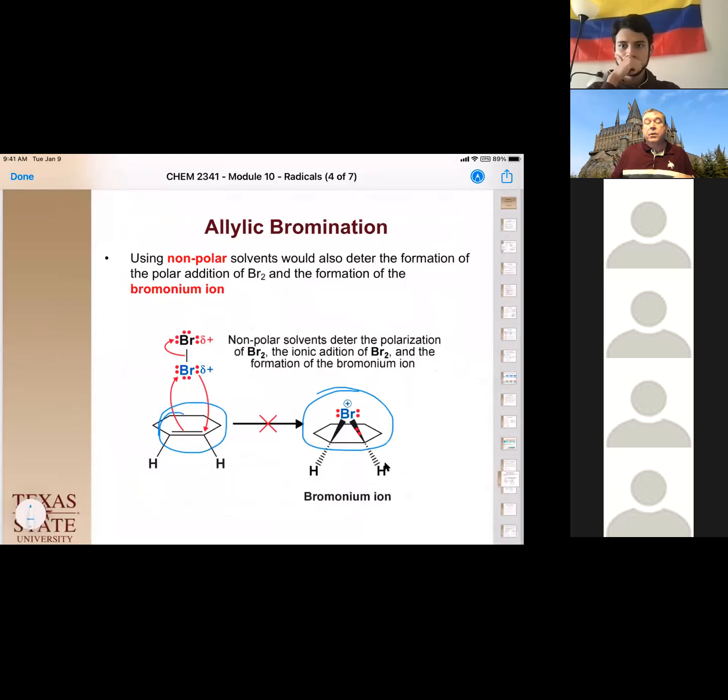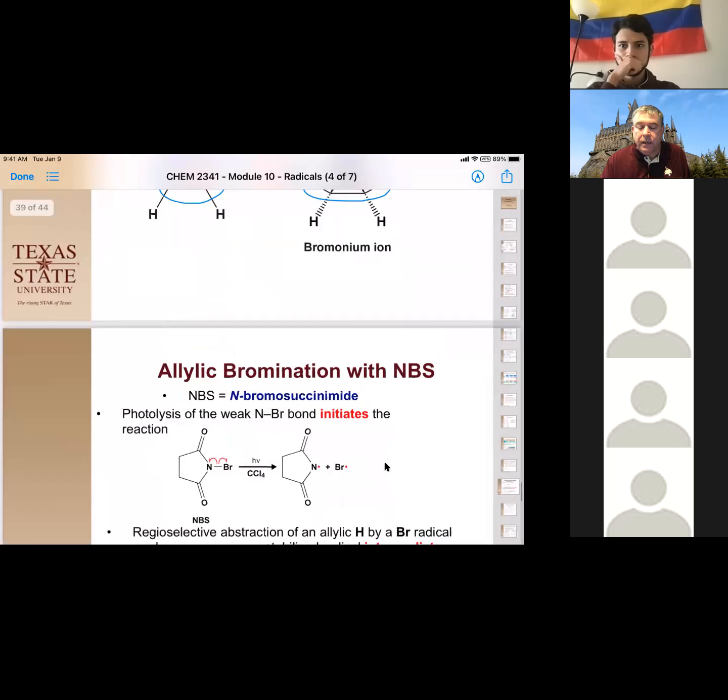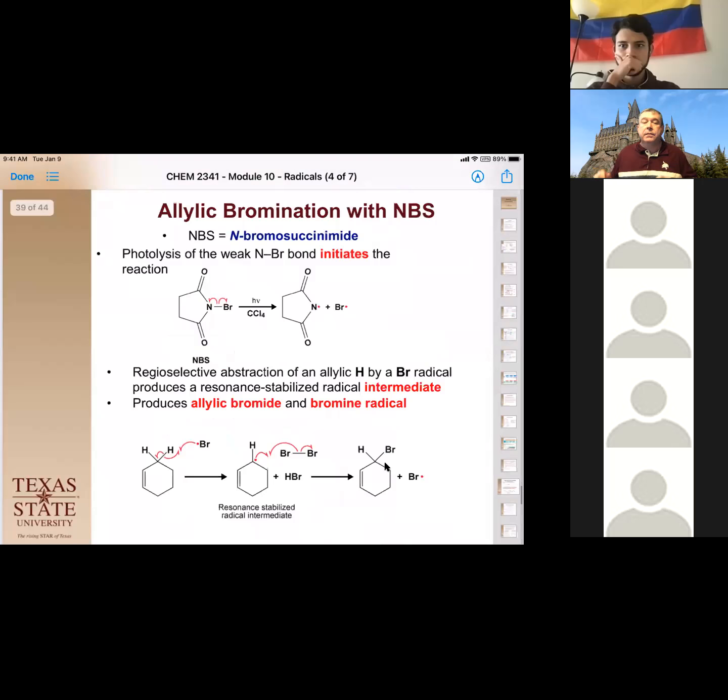So if we're looking at a solvent effect, not allowing it to form that ionic intermediate, we can get to that allylic abstraction followed by that allylic bromination. The other way we can do that is to be more selective, not have any bromine in there at all, but use a different source of bromine radical. In this case here, we have what we call NBS. Write that down. It's N-bromosuccinimide.